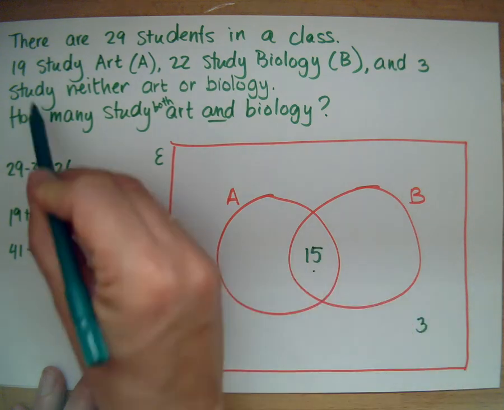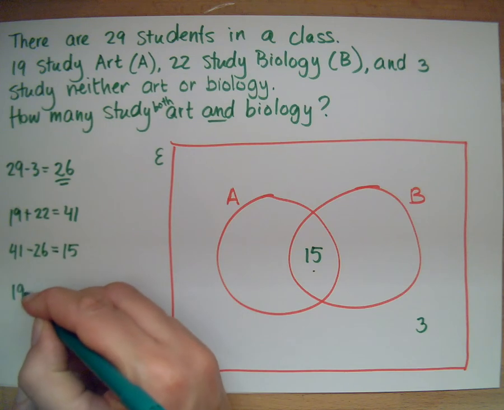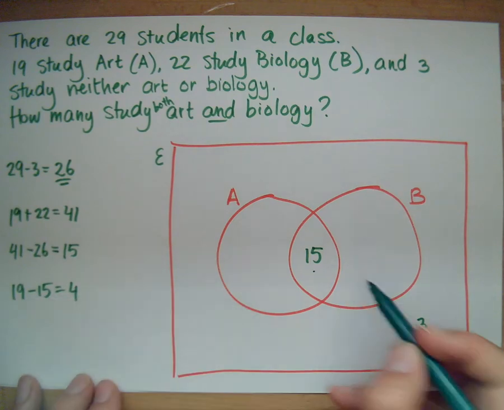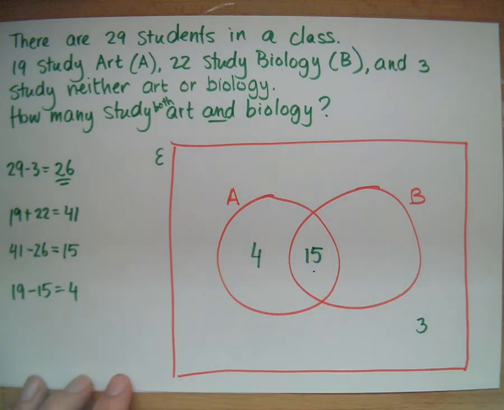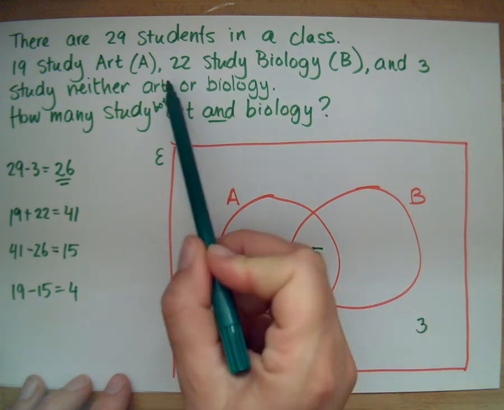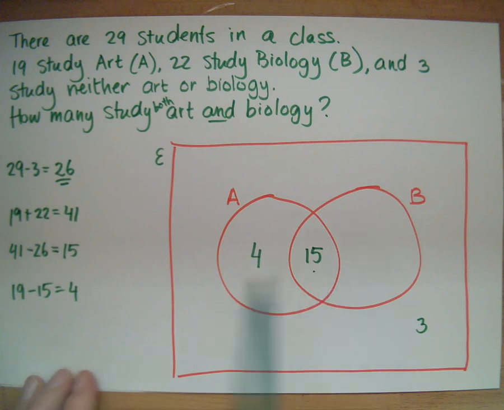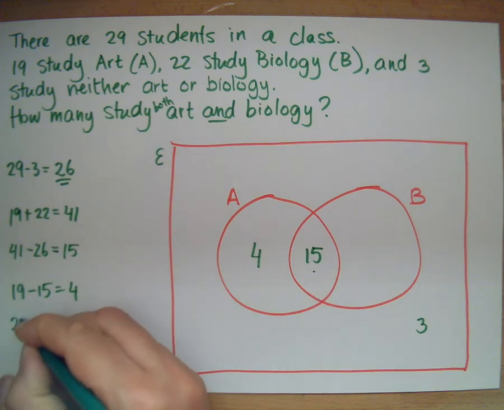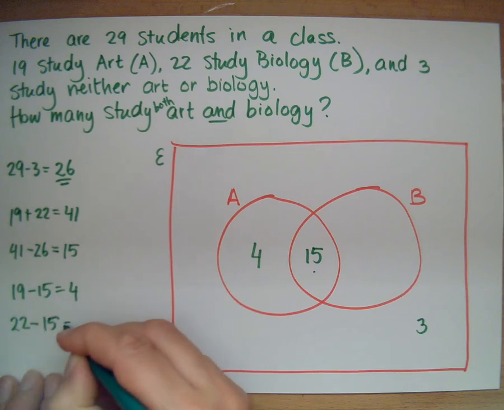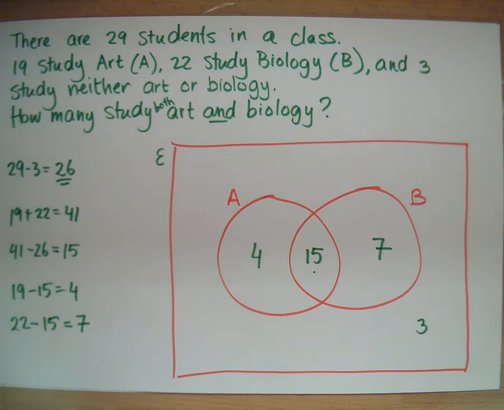The total number of art students was 19, right? 19 minus 15 would be 4, so 4 students only study art. Total number of biology students is 22. 15 of those study both biology and art, so how many are left to only study biology? Out of the 22 biology students, 15 study both, so there's 7 left that only study biology.